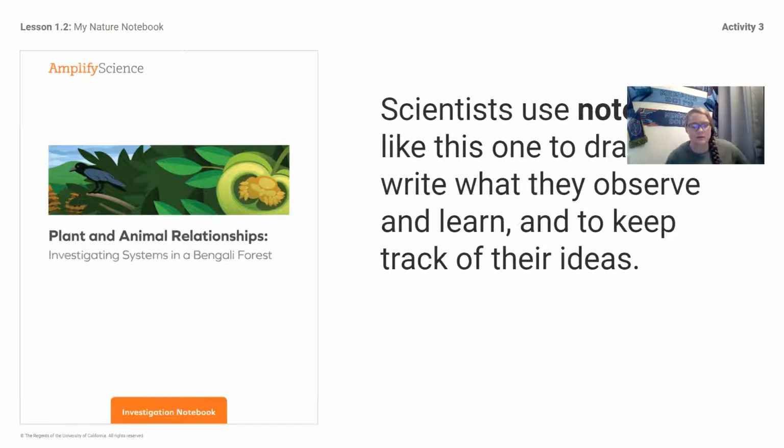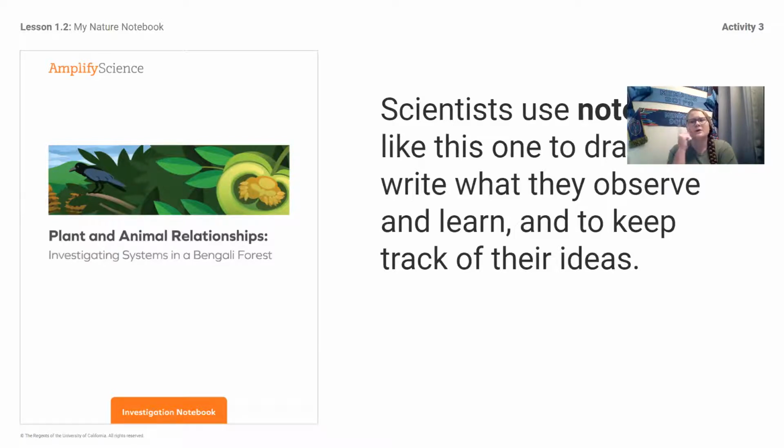Now, there are 6 boxes here, but I'm only looking for 3 ways, okay? How many? 3. So, what you're going to do right now is you're going to number each box and you're going to give me at least 3 ways that this child in the book observed her forest habitat.